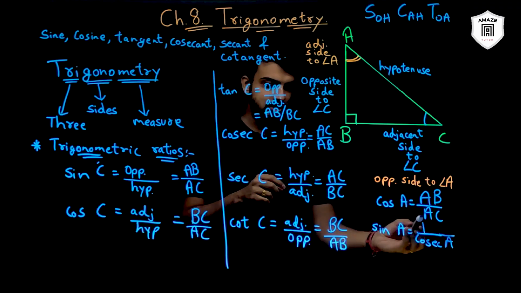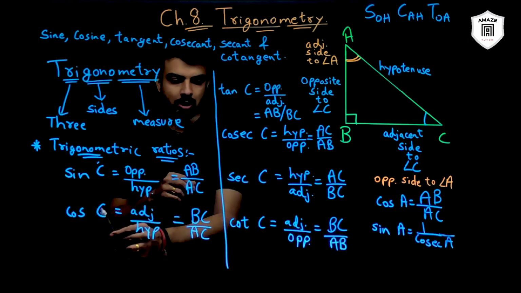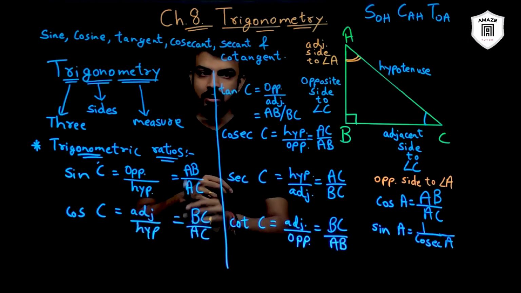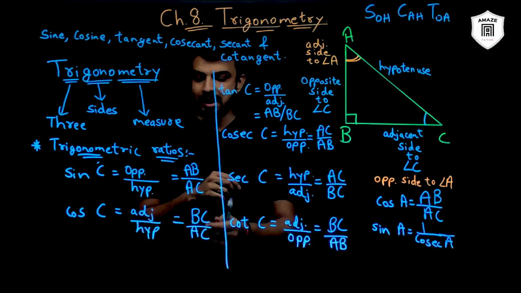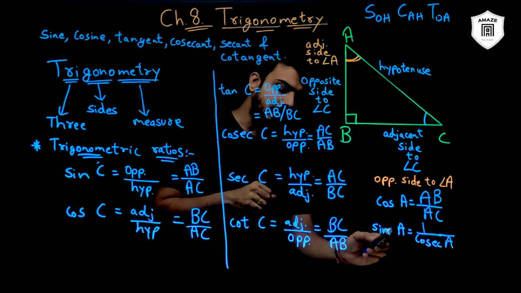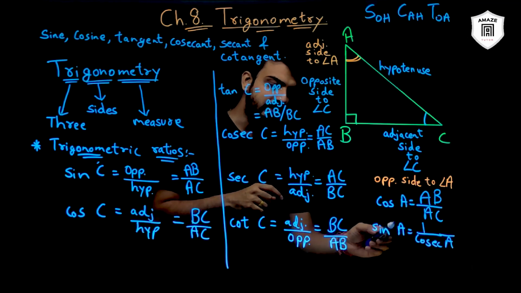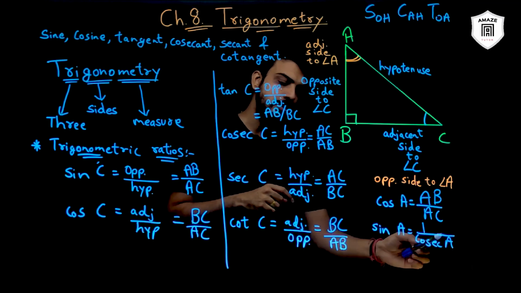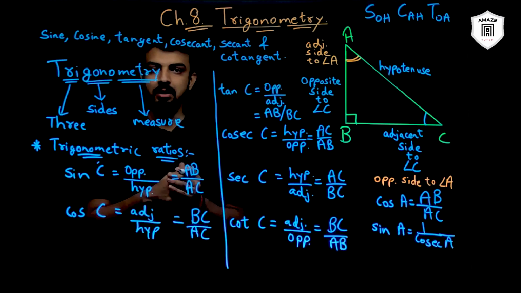So, sine is 1 by cosec A. Similarly, cos is 1 by sec A, and tan is 1 by cot. But basically, the angle should be the same, right? If it is A here, it will be A. If it is C here, it will be C, and so on, right?